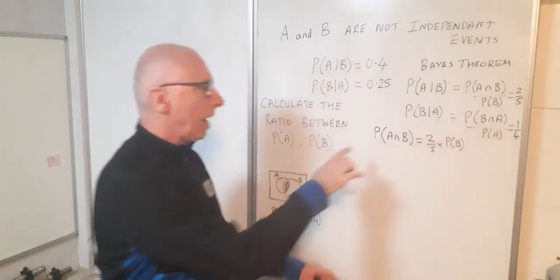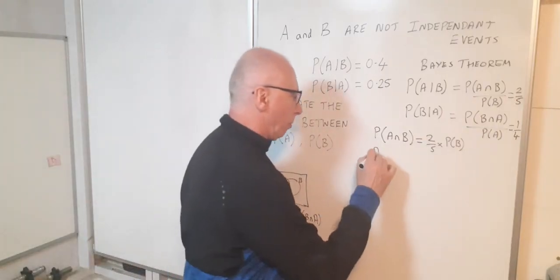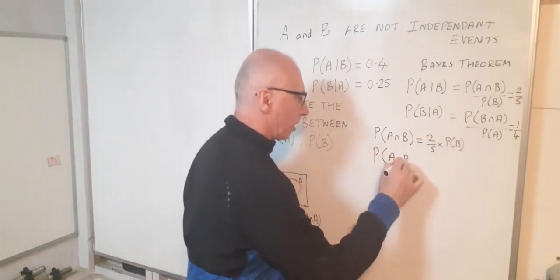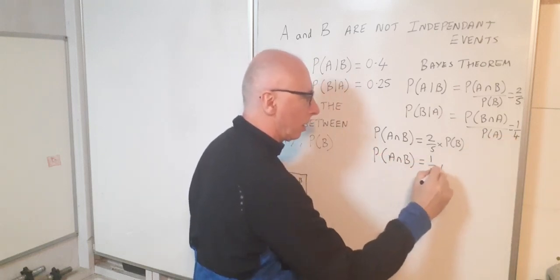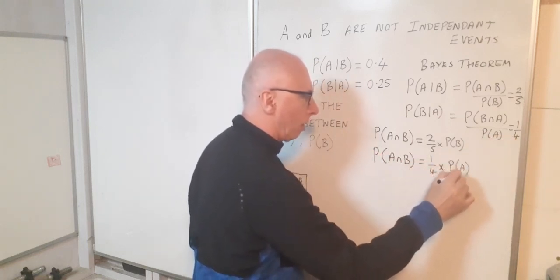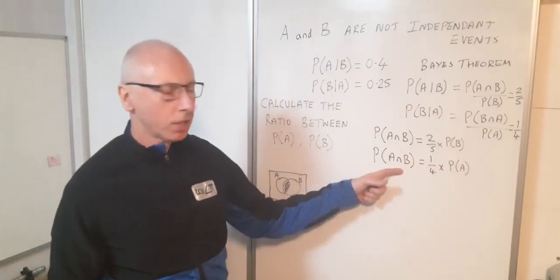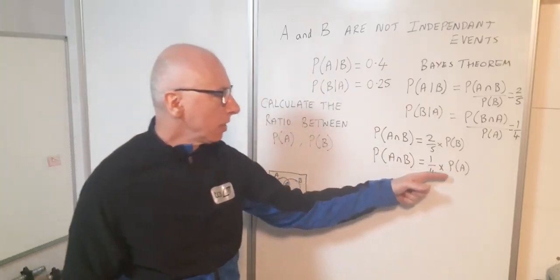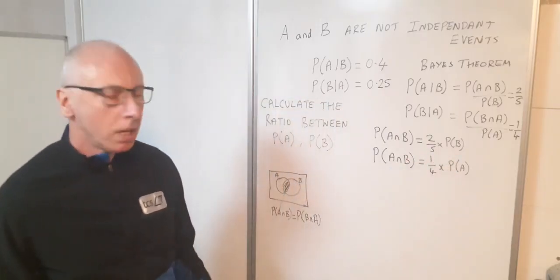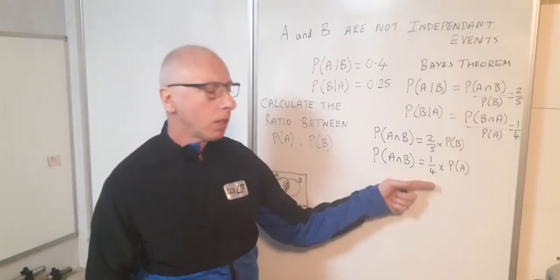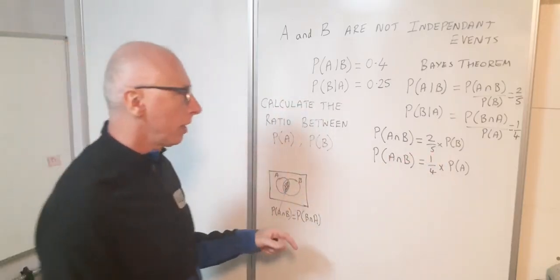The probability of A intersection B equals 1/4 times the probability of A. Now as these two are the same value, these two expressions must also be the same value, so I can set them equal to each other and let's see if we can get our ratio that's required.